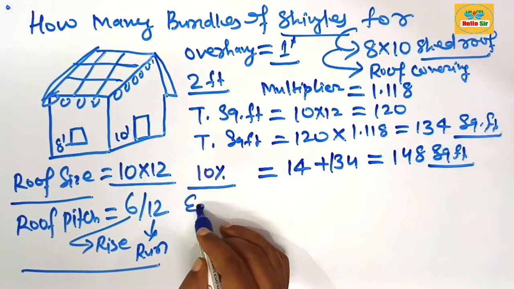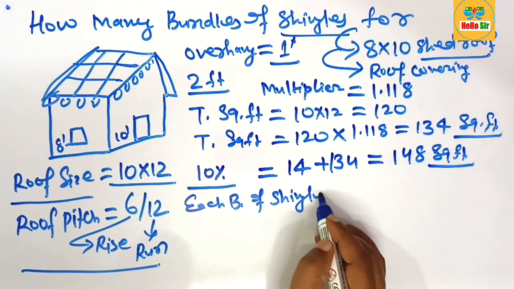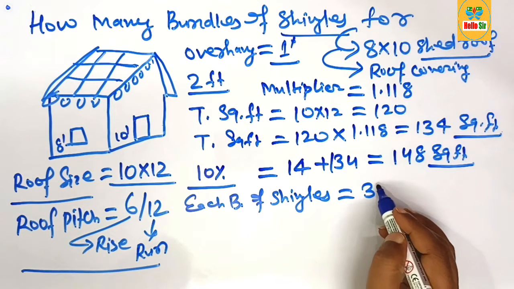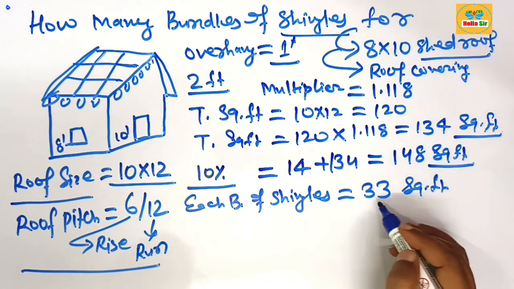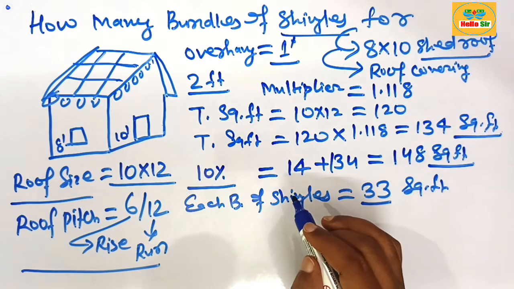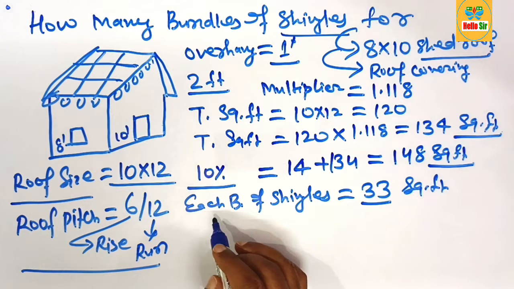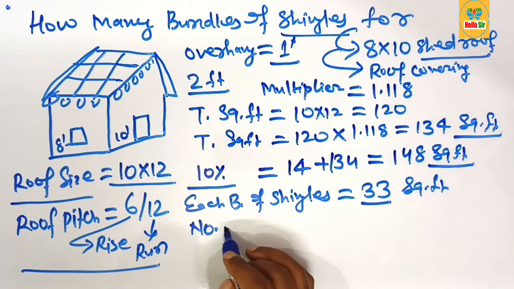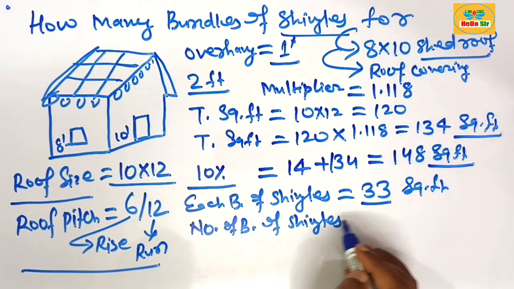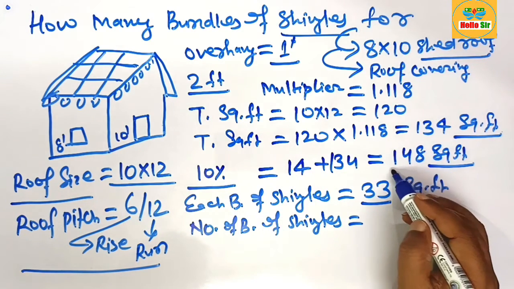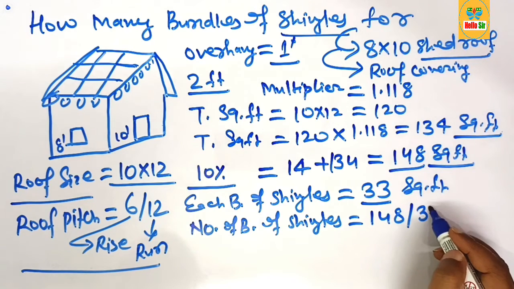And you know that each bundle of shingles covers about 33 square feet of area. To figure out how many bundles of shingles are required to cover the roof structure, you just need to divide the total square footage 148 by 33.